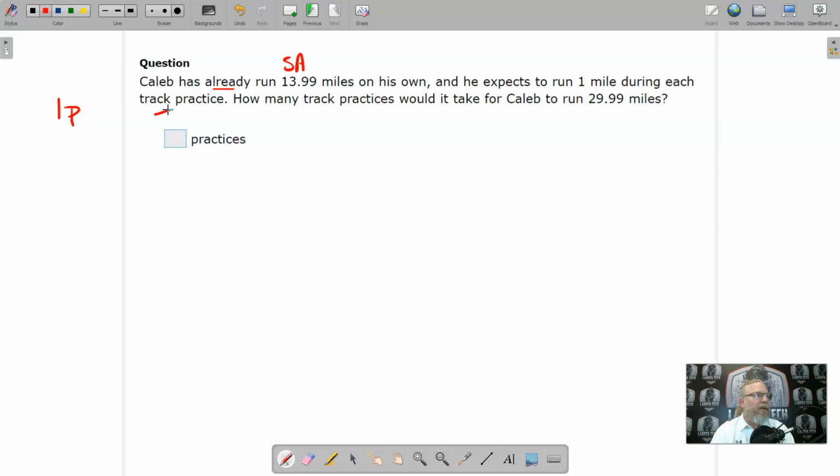So this is going to be our input here. And we're talking about miles. So the number of miles ran is a function of how many practices that he goes to. And our rate for each practice looks like he runs 1 per practice. And we do have a starting amount of plus 13.99.